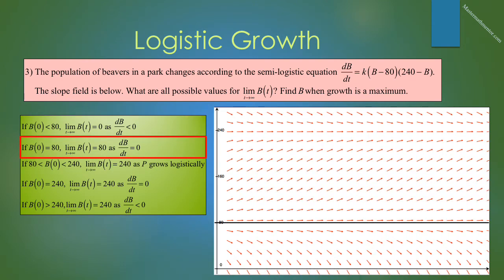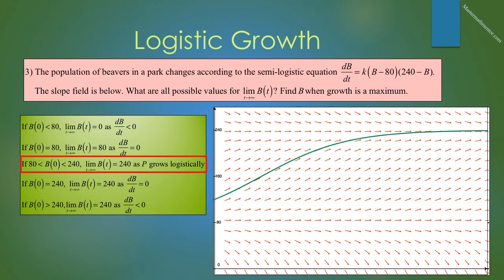Suppose the initial number of beavers is exactly 80. Then the limit of B(t) as t approaches infinity is equal to 80 as dB/dt is equal to 0. Following the slope field, the number of beavers stays consistently at 80.